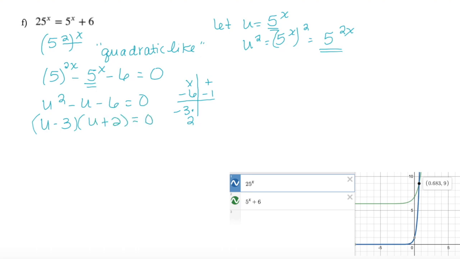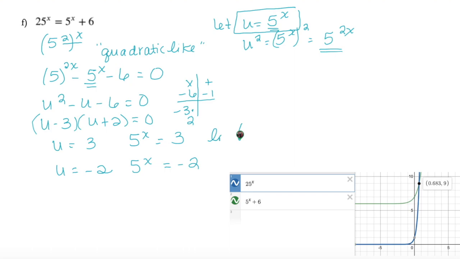When I solve, then u will equal 3 and u will equal negative 2. u was equal to 5 to the power of x. So 5 to the power of x is equal to 3, and 5 to the power of x is equal to negative 2. To undo that x, we'll multiply both sides by the natural log.